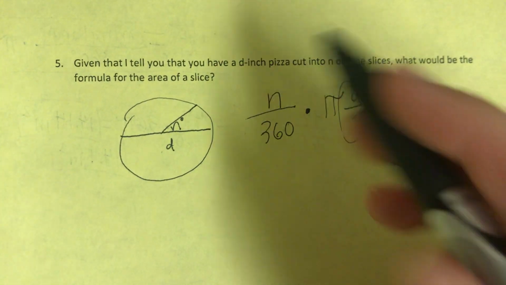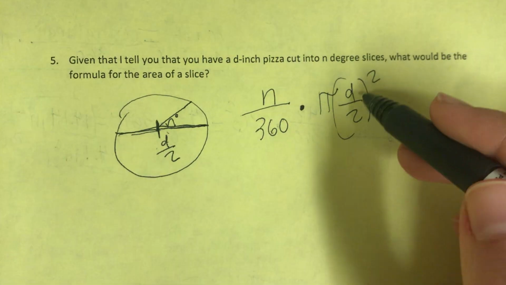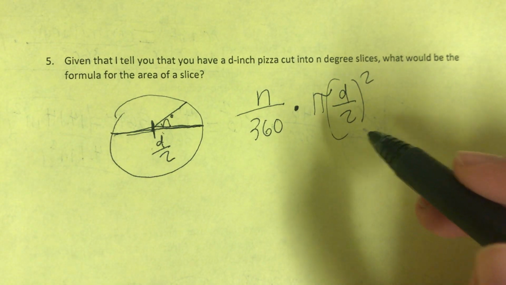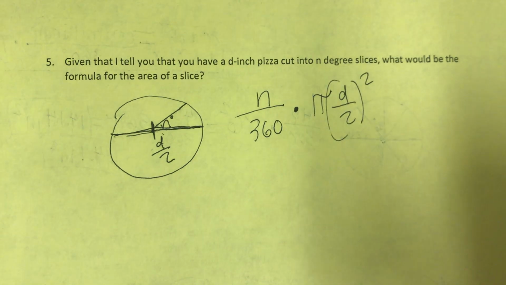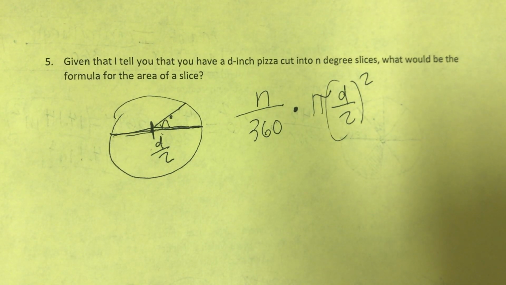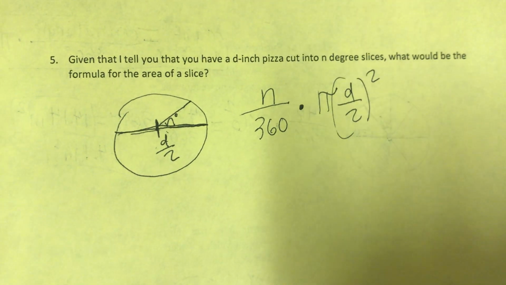And it's d over 2 because remember, we don't want this whole thing, we want half of it. So half would be d over 2. So n over 360 times pi times d over 2 squared, or r squared. So that is how we find the area of a sector with degrees.